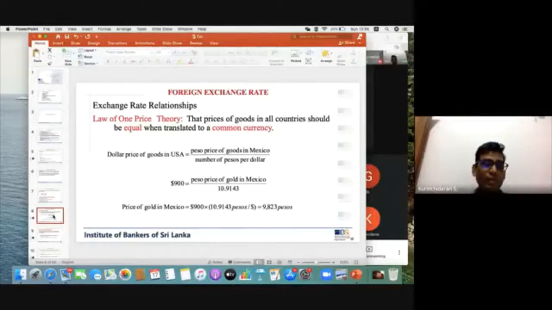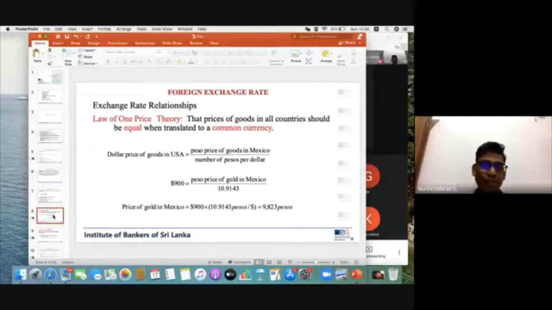Now you can take any product anywhere in the world and convert it into a common currency and see whether that is equal. The law of one price says that should be equal, with some assumptions.